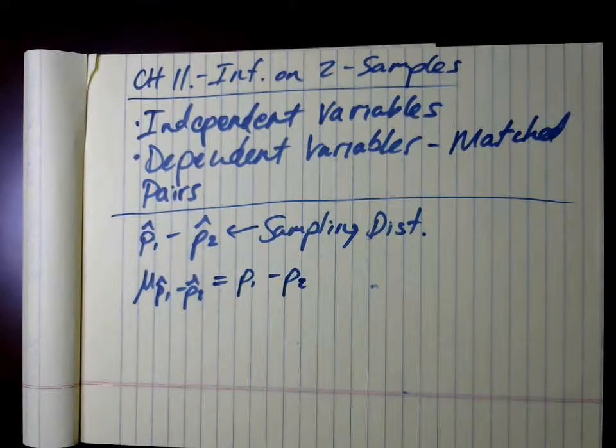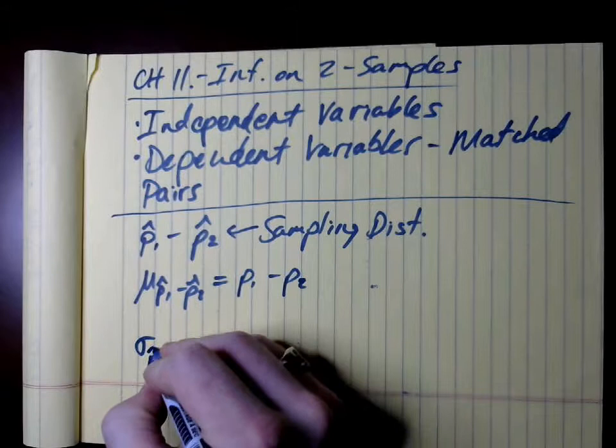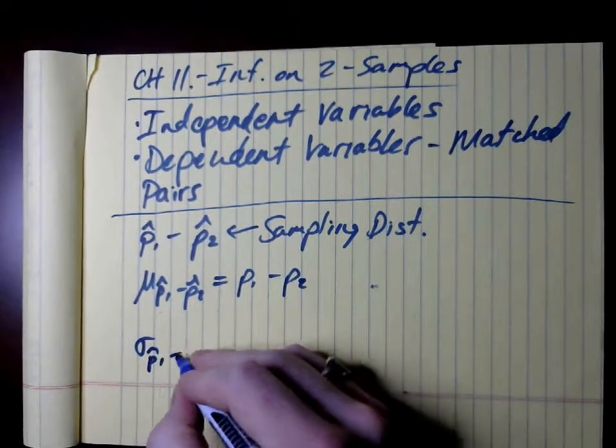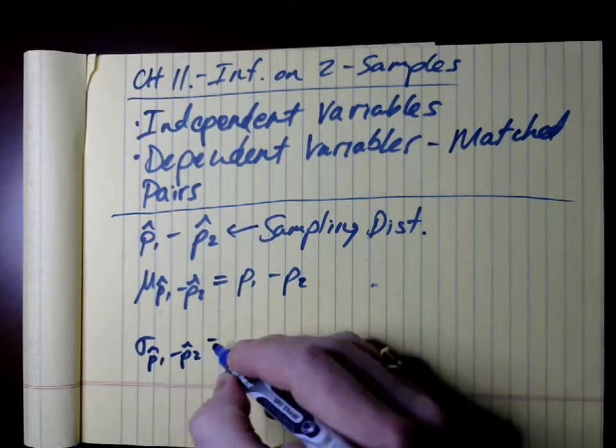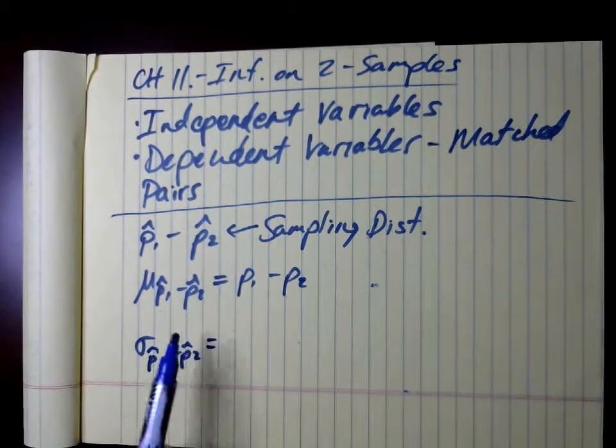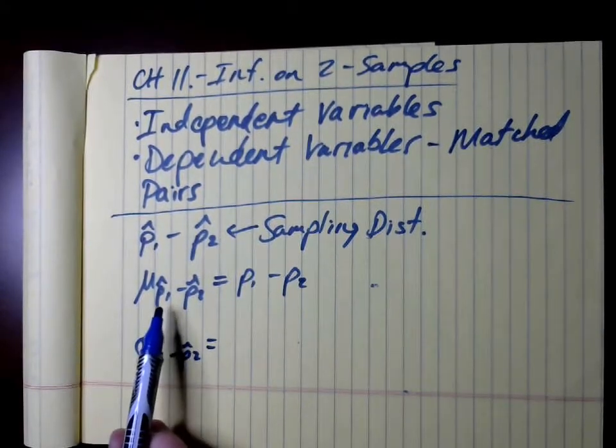Okay, and the standard deviation of p hat 1 minus p hat 2. Now this is kind of weird, and notice that we're taking the difference of the two variables, right?